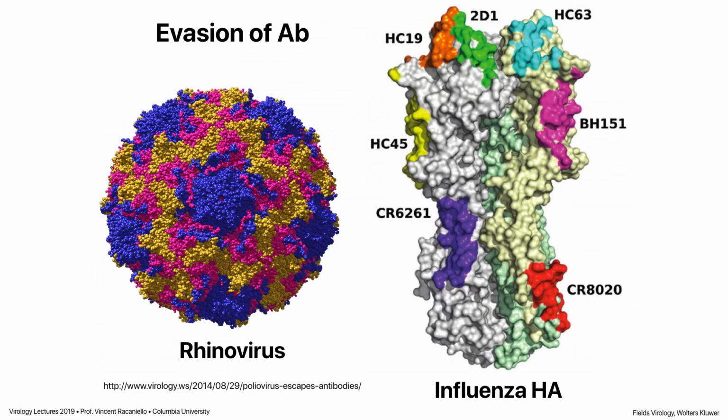And this is a dynamic process that happens every season from year to year. And that's why it's hard to make a vaccine against this virus, because the next year it's going to be 1 or 2 amino acids different, and it won't be effectively neutralized by the vaccine. So those are 2 strategies of escape from neutralizing antibodies.